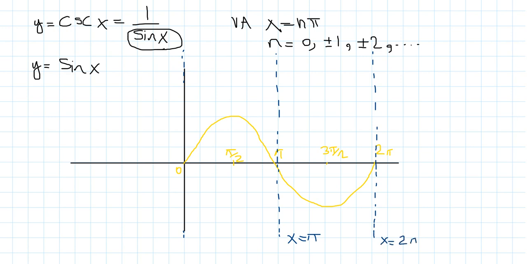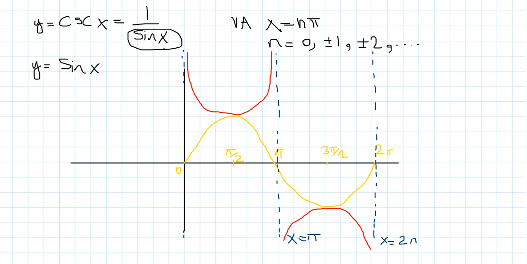Okay, now I can easily draw the graph of cosecant x, here and here. Easily I drew the graph of cosecant x.